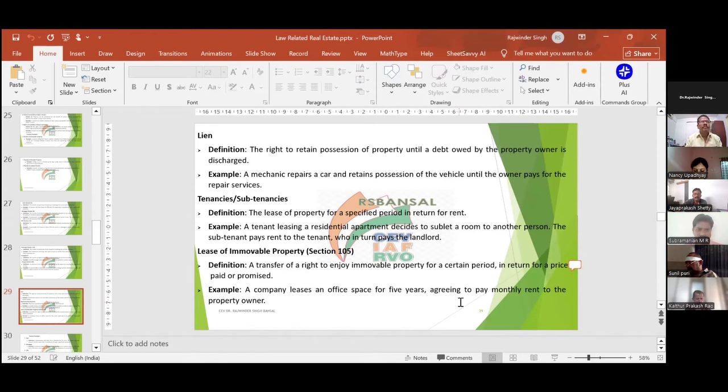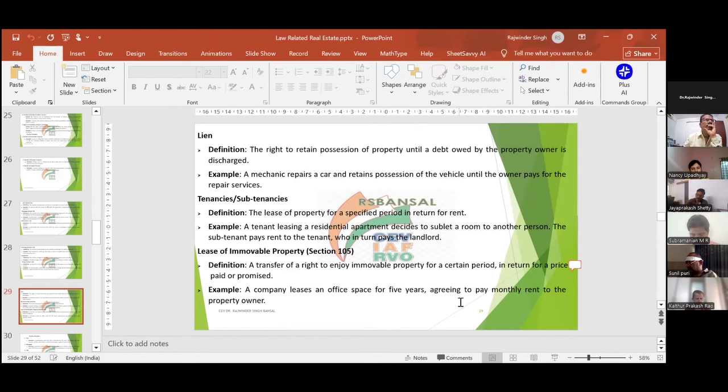If it is a tenancy under Rent Control Act, in the Rent Control Act, tenant is not allowed to have subtenant. But in lease deed, if it is written in the lease deed that lessee can have sublessee, only then it is possible.